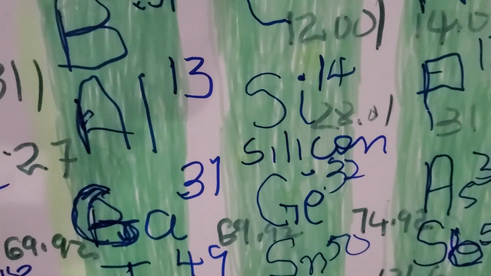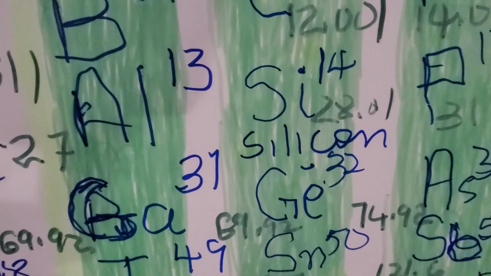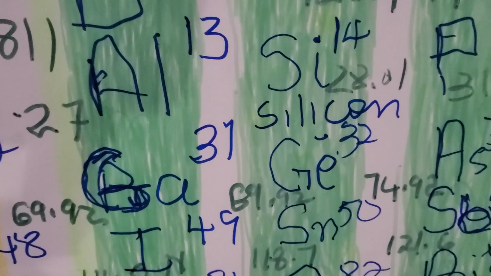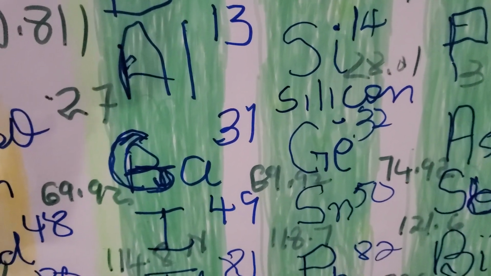Germanium, below silicon 14, with atomic number 32. So that's silicon from our card. All right.